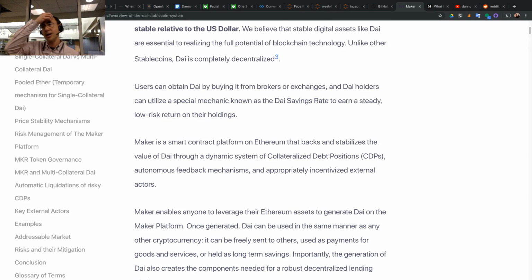I can understand why you want to create DAI, because you want to leverage what you have. For example, if I have one Bitcoin and I want to leverage that one Bitcoin, I can put it in the CDP, the collateralized debt contract.